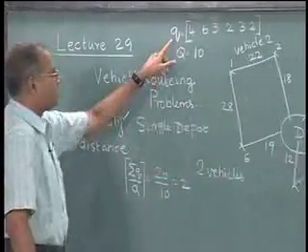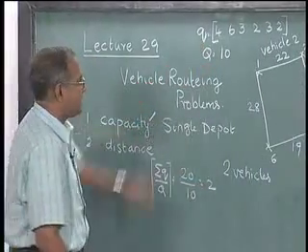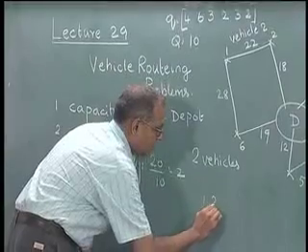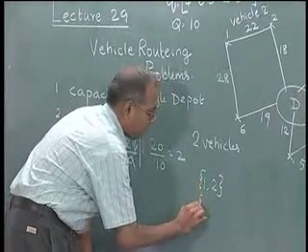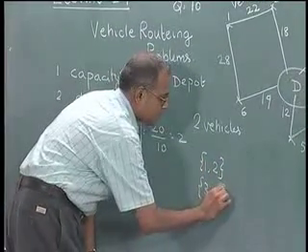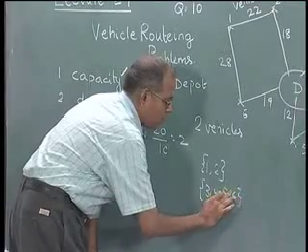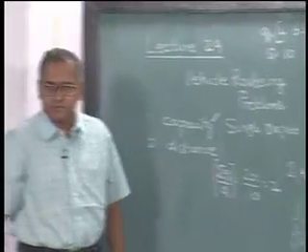And by looking at these, the only possibility is that 1 and 2 will go to one vehicle and 3, 4, 5, 6 will go to another vehicle.